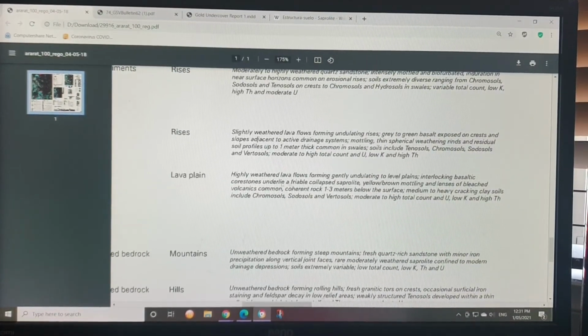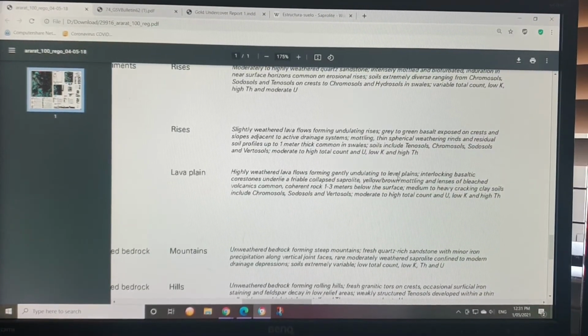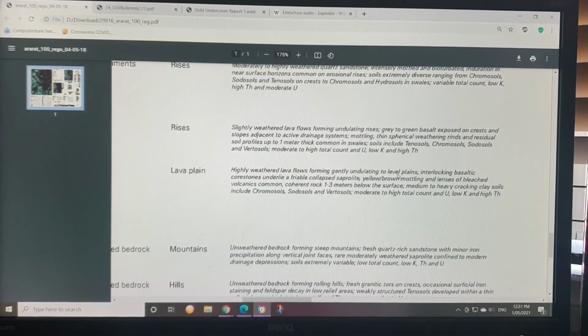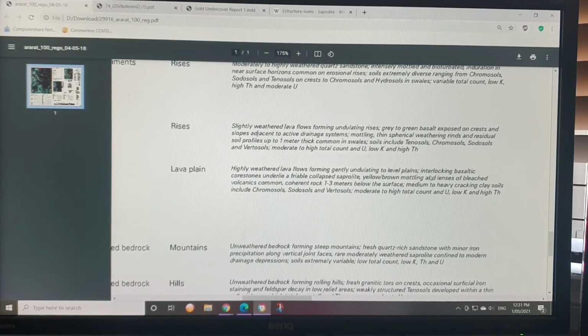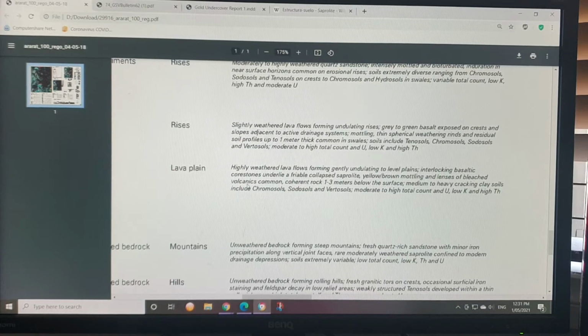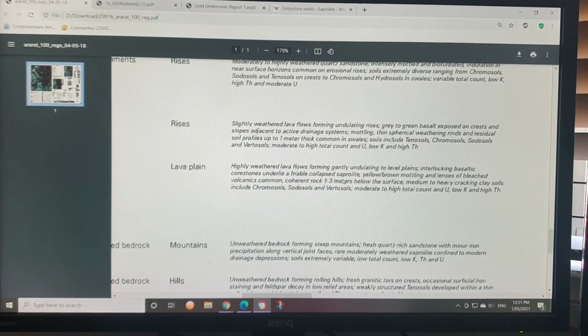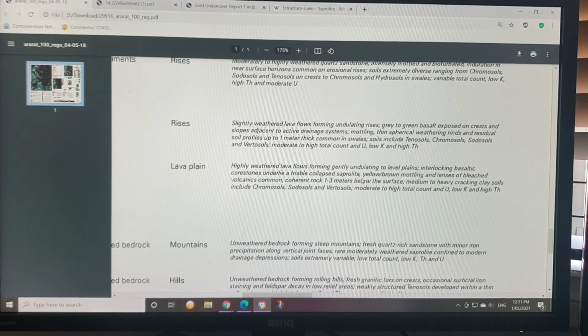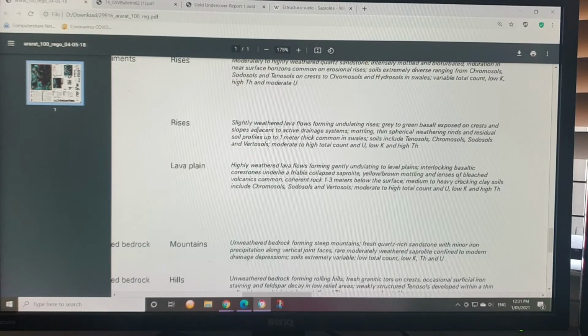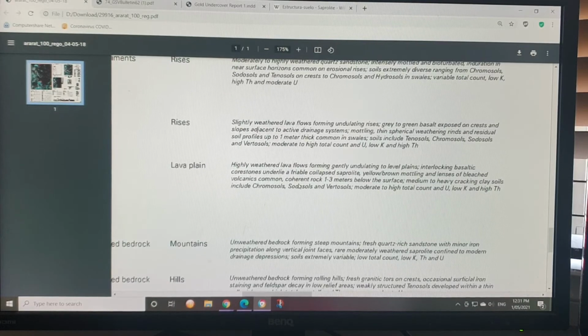Highly weathered lava flows forming greatly undulating level plains, interlocking basaltic core stones, underlie friable, collapsed saprolite, so that's the actual broken down rock. Yellow brown molten lenses of bleached volcanics common, so volcanics that have been exposed to the sun, the atmosphere for quite a long time.